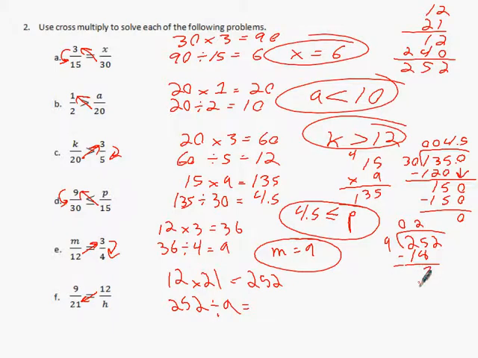Subtract, I get 7. Bring down the 2. 9 goes into 72 8 times, which is 72. No remainder, so your answer is 28 equals H.